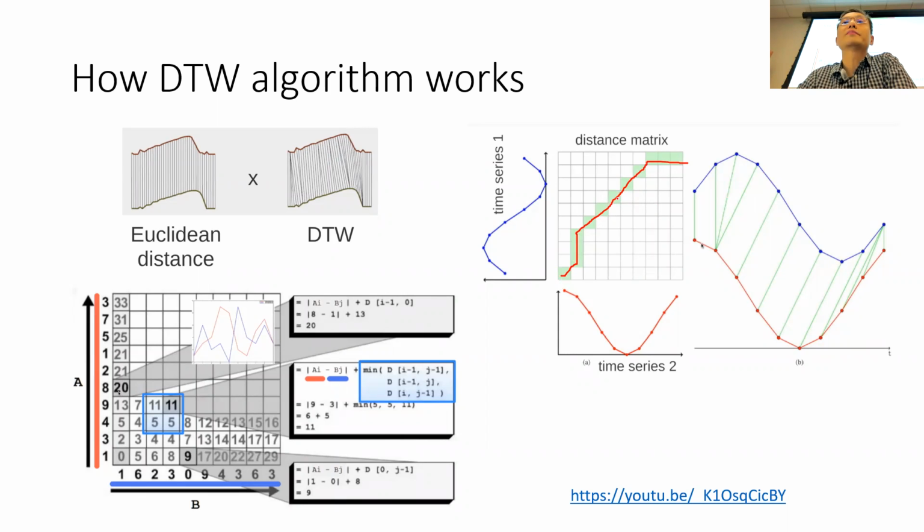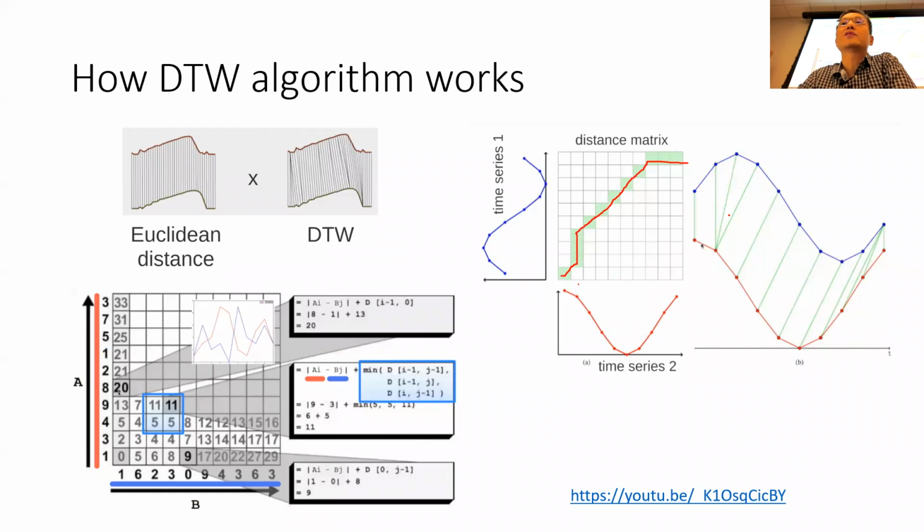Then you just follow this path to map the data. For example, you move 3 steps in the blue curve. That means these 3 data points are mapped to the same location, which is still the second point in the red curve.